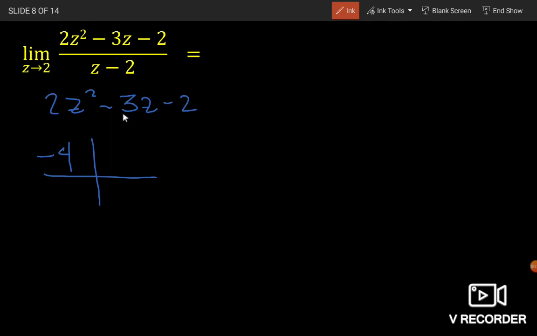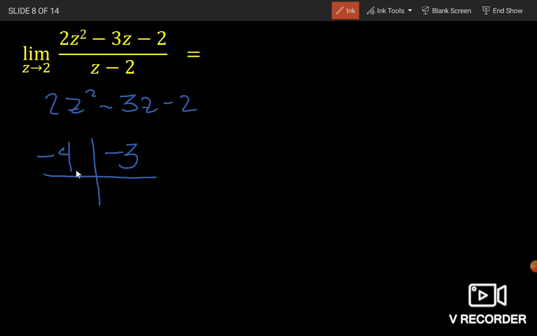Then look at the coefficient of the middle term, negative 3. Basically, we need two factors such that the product will be negative 4 and the sum will be negative 3.